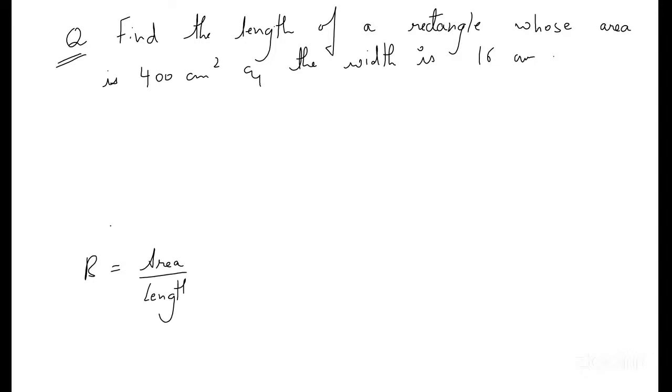Or when the length is given and we have to find the breadth, it is area divided by length. This is the thing that we follow. But why do we follow this? Take a look at this question.